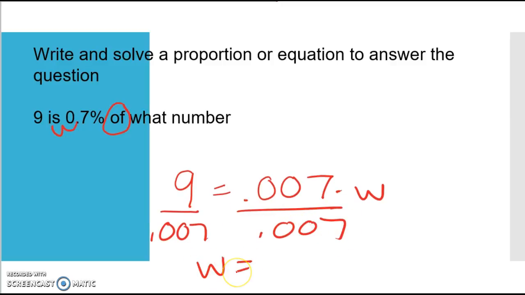Now I get that my whole is equal to 1,285.71. So now we look back. So if we take the number 9, that's 0.7% of what number? It would make sense that our number would be a lot bigger. So our final number is 1,285.71.